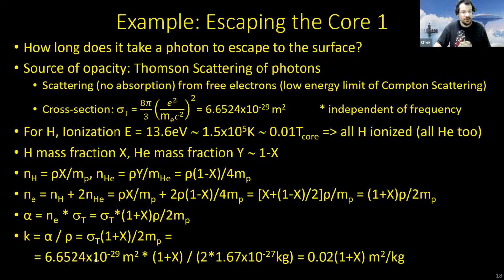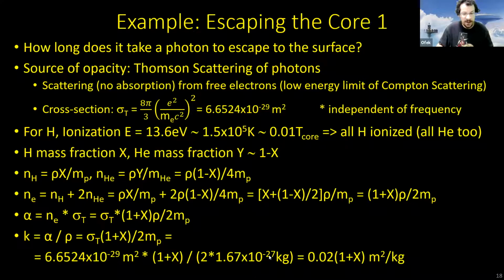And plugging in the numbers, sigma Thomson, the cross-section of free electron scattering, 6.5 times 10 to the minus 29 meters squared, times 1 plus X divided by the very, very small mass of a single proton, about 10 to the minus 27 kilograms.